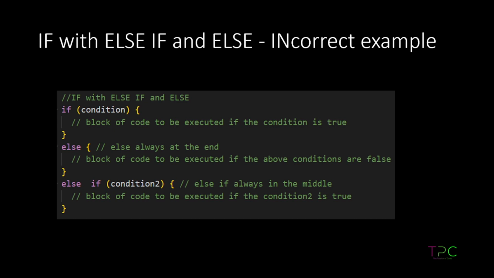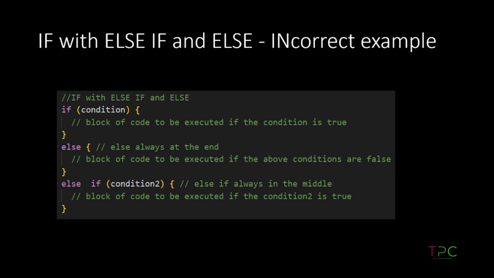The else if has to be always before else, right? So else is always in the end, and else if always in the middle or in the end. The case here is that the else has to be after else if always. So that's the case.